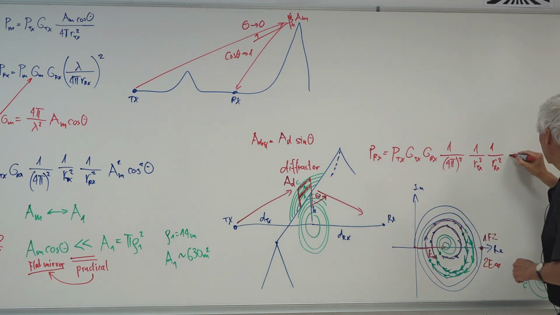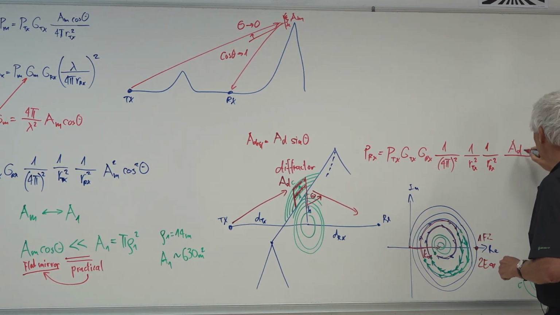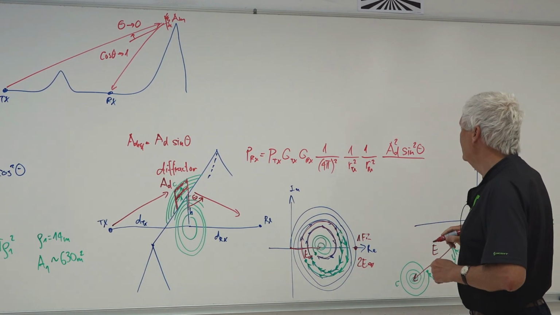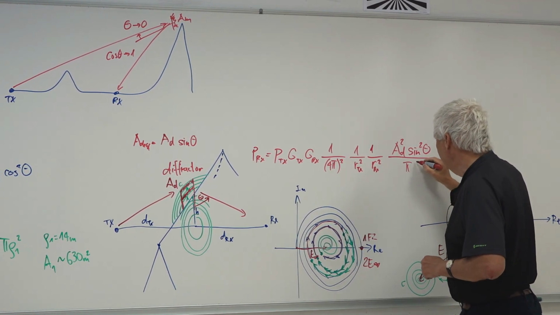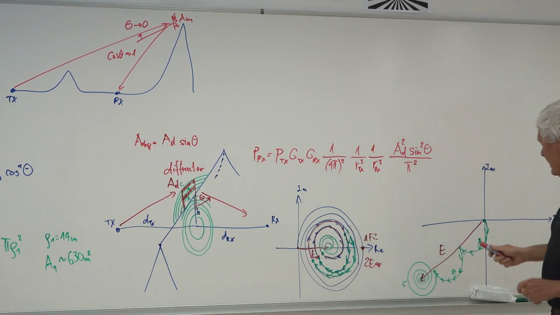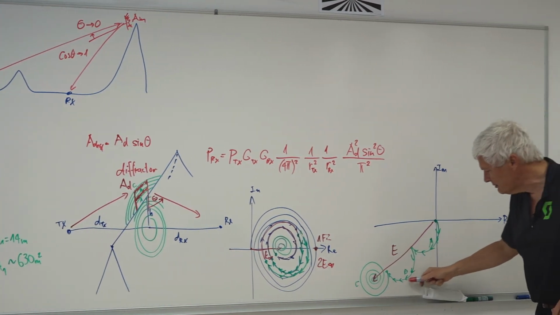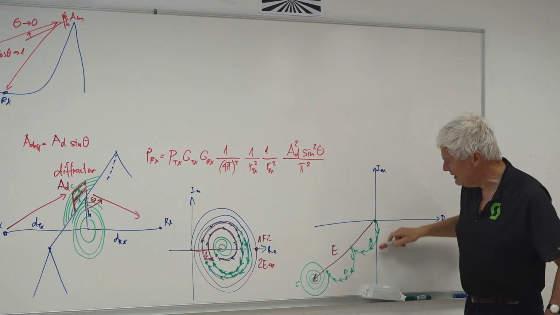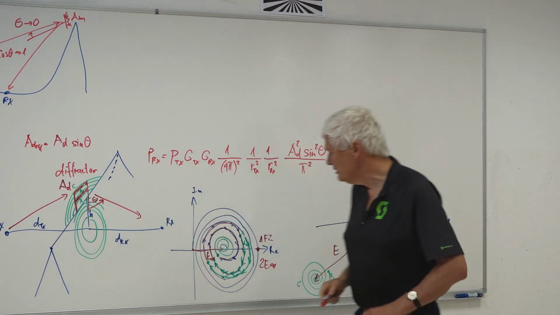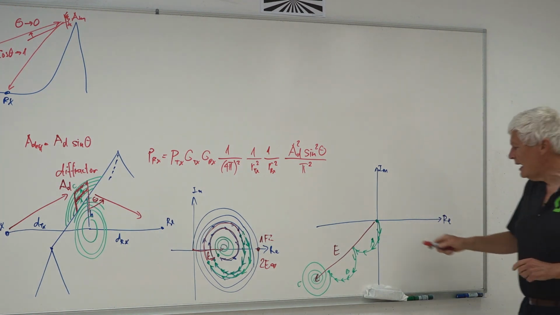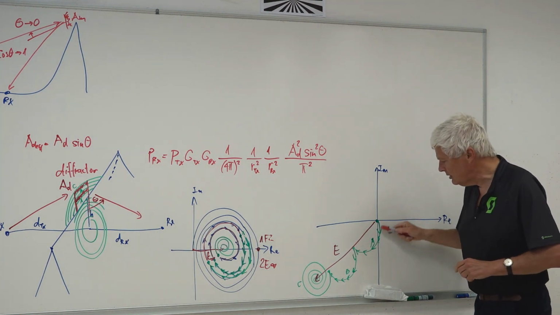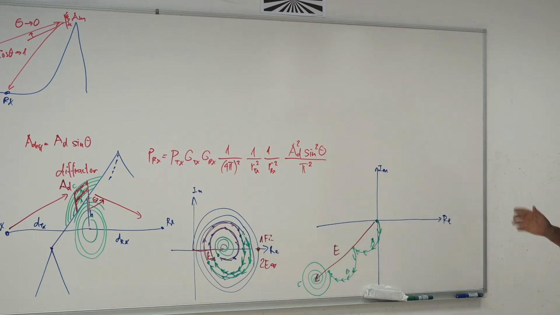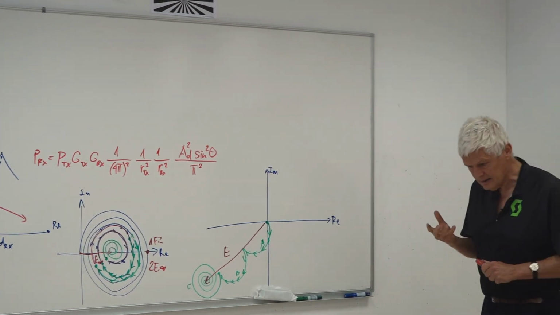But now I have here A of the diffractor squared sine of theta squared divided by pi squared. Why by pi squared? Because I have this inefficient summation over half circles. So I lose half of the field because I shaded half of the Fresnel zones. And further, I'm not summing this in phase, but I'm summing along a curved line here. And this is just the factor pi we already discussed with the Fresnel lens last time.